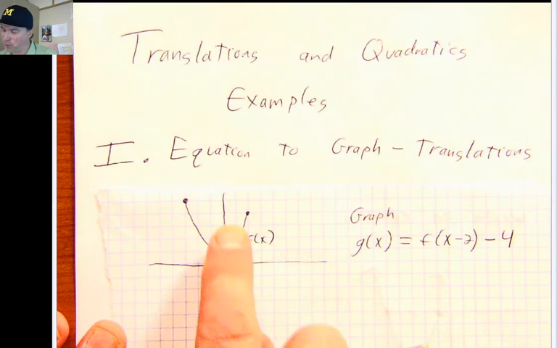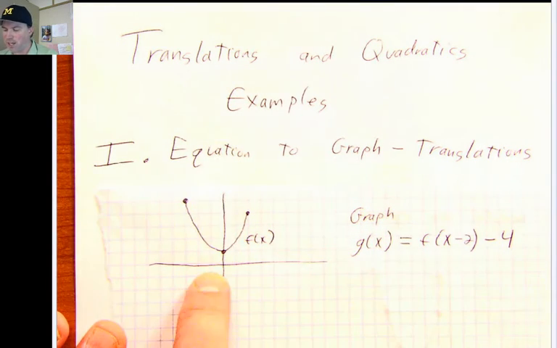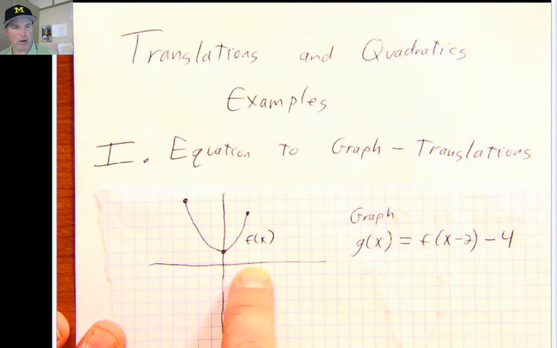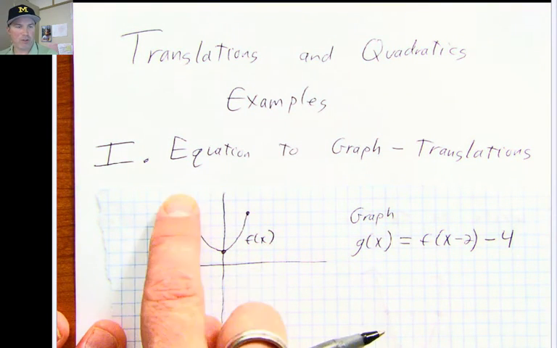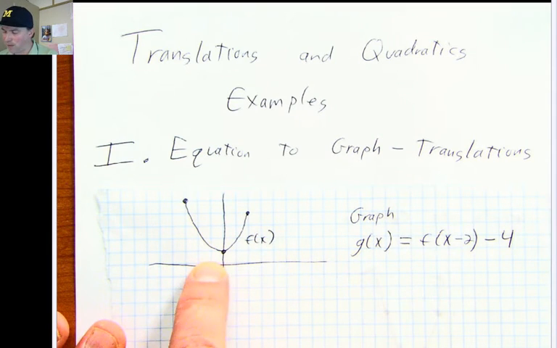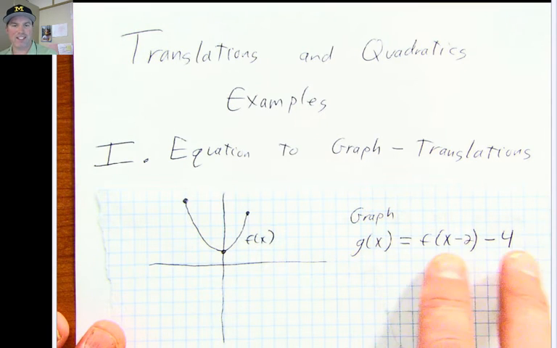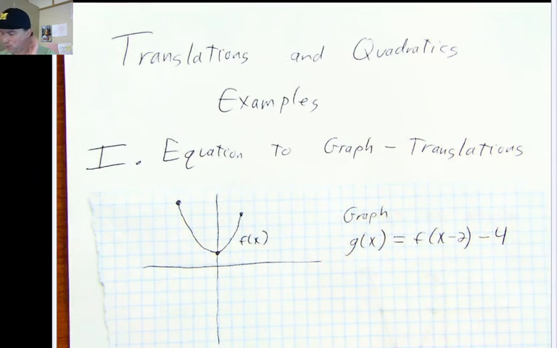And the first thing we're going to do is just dealing with translations. If you're given this graph here, and we're told to graph this equation here. So we're given f of x, and we're told to graph g of x, and g of x consists of these translations of f of x.